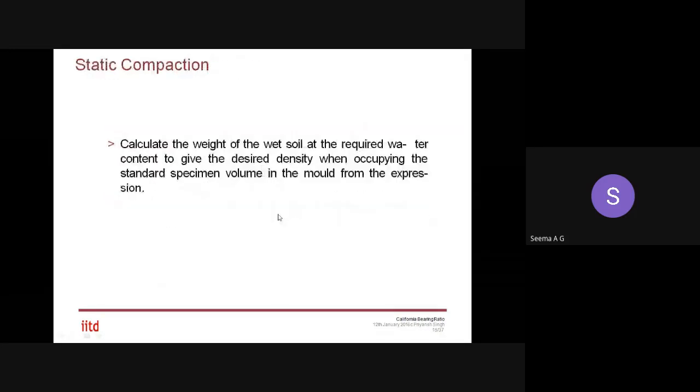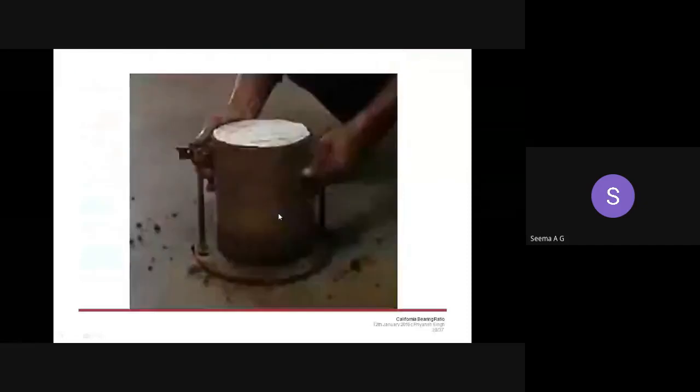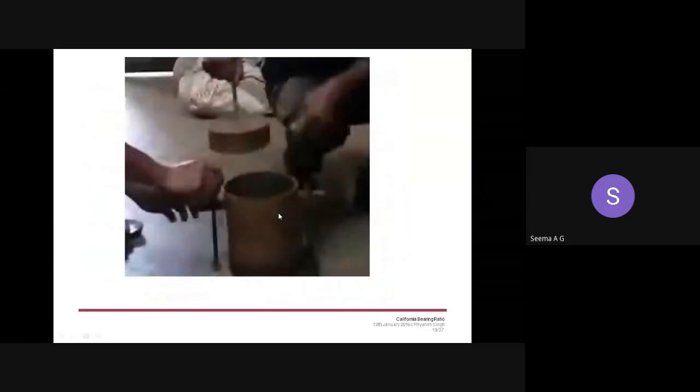You can take the quantity of soil according to the dimension of the mold. The total dimension of the mold is measured, then the thickness of the spacer disc is deducted. Depending upon the volume of the mold and the maximum dry density, or the density at which you prepare the soil sample, you can calculate the quantity of soil.